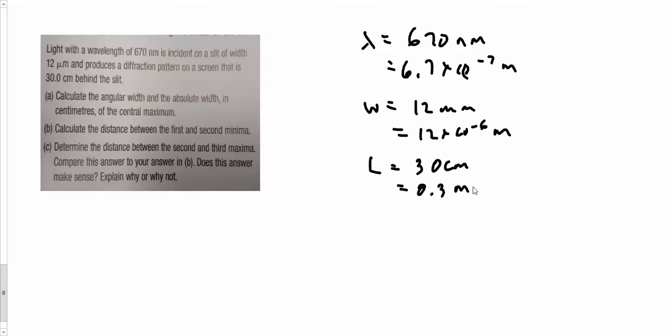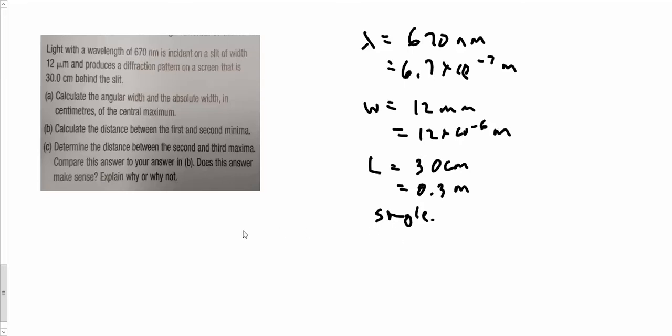Slit width is 12 micrometers, which is 12 times 10 to the minus 6 meters. L is 30 centimeters, which is 0.3 meters. It's single, so I know which set of formulas to use. Calculate the angular width and the absolute width in centimeters of the central maximum.